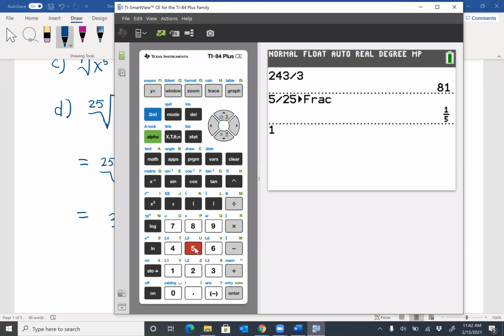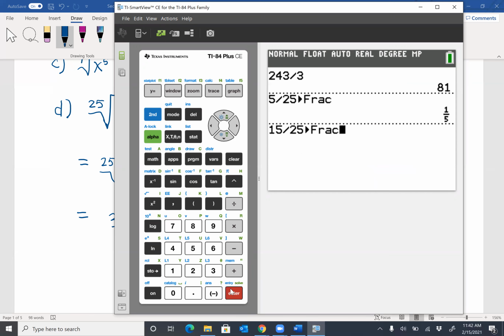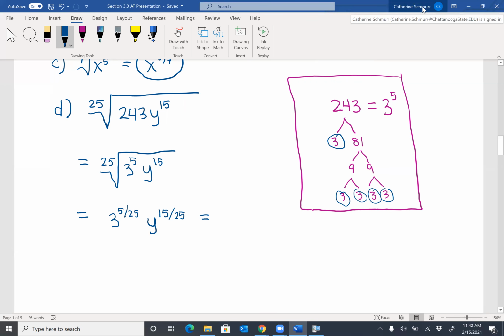We should be able to do that in our heads, but if not, go to math, fraction, enter, 3/5. So we're going to have 3 to the 1/5 and y to the 3/5.